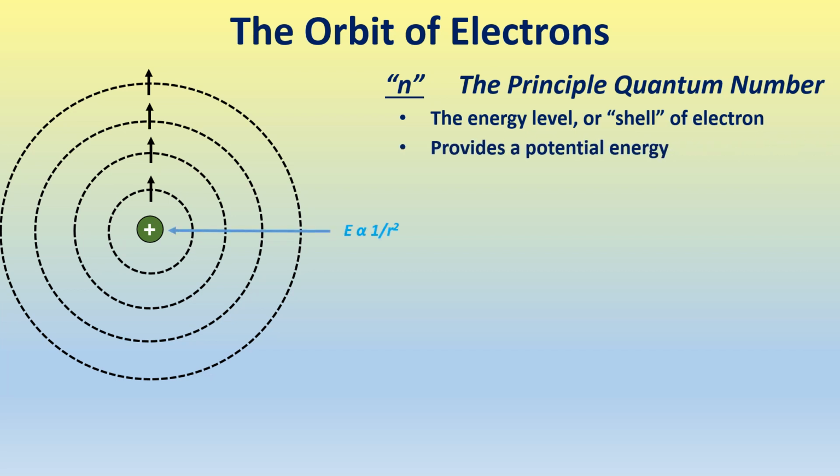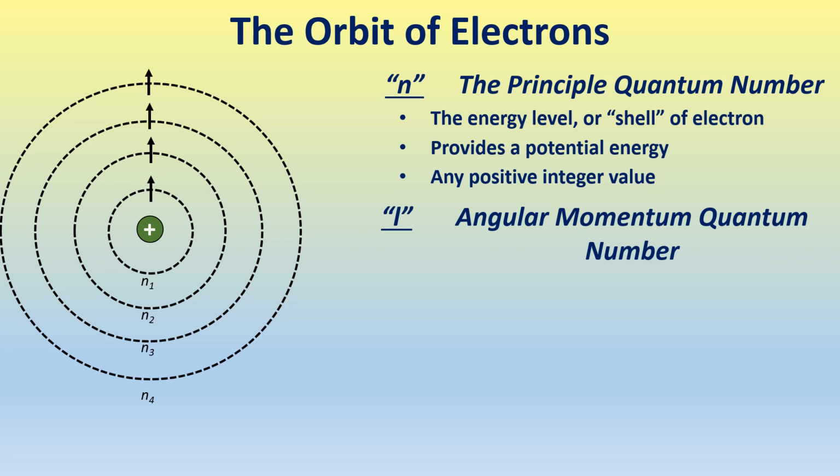This provides a potential energy to the negative electron and the positive nucleus that's inversely proportional to the distance. In order to balance this, these orbits, which can have any integer value from n equals 1 and forward, have to be balanced against an orbit which shows kinetic energy as angular momentum.